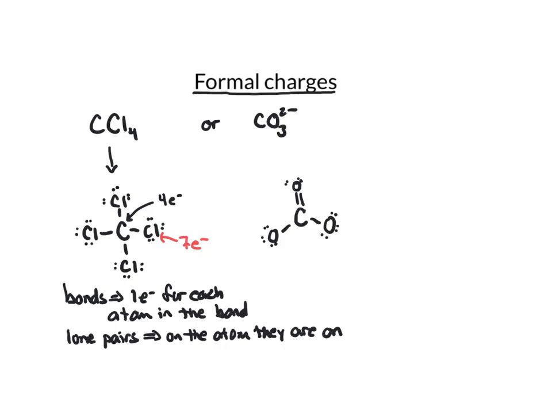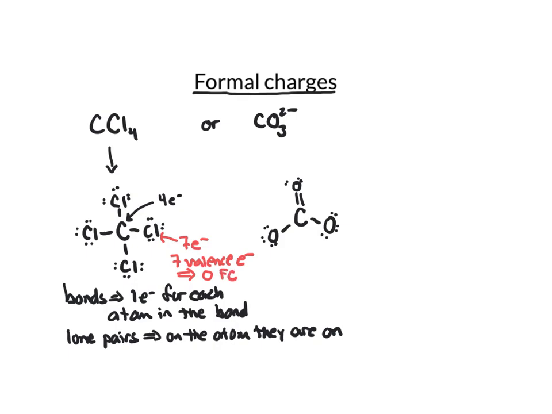In this structure, it is getting 7 electrons. So it is getting all 7 of the valence electrons it brought to the structure, so it neither has more electrons nor fewer electrons, and that means that this chlorine has a 0 formal charge.